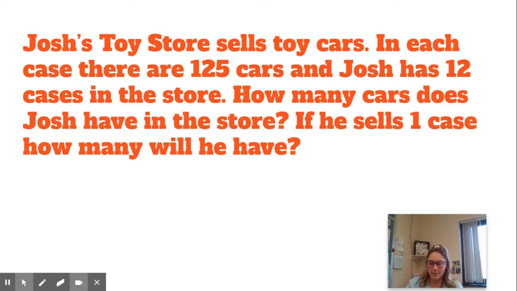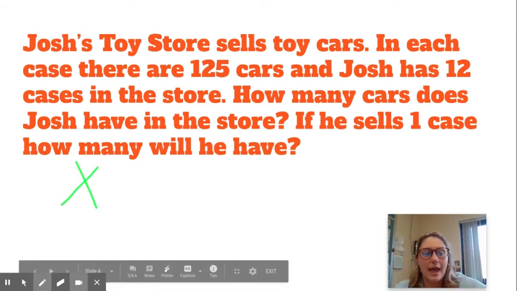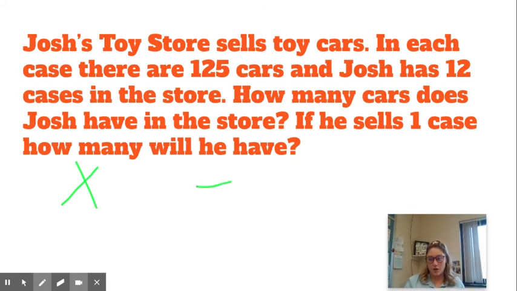In this question I'm about to ask you, there are 4 operations. You need to pick which 2 we're going to use to solve this problem today. Yes, we are going to use multiplication, and then we're going to use subtraction. We have to figure out how many cars Josh has total so we can figure out how many he then has left.